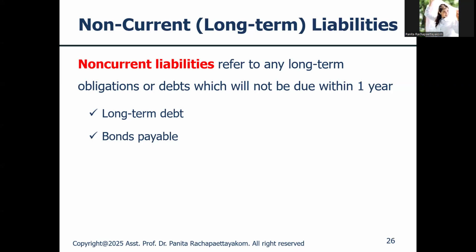We categorize it as a current liability. And the remaining principal of 800,000 baht will be recorded as long-term liabilities, since you can postpone the repayment of the 800,000 Thai baht to the following years.